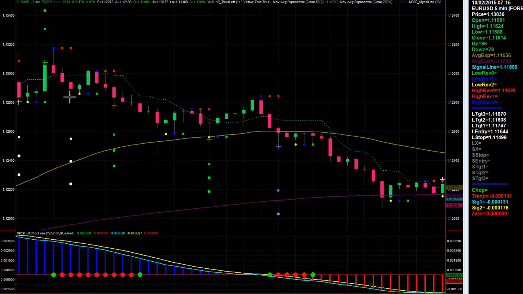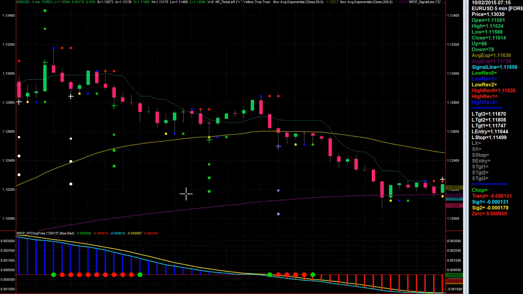So notice that you've got room to come down and hit that target 1. The 50 EMA is quite a bit further down. And so in those situations, you can take those trades. That's optional.